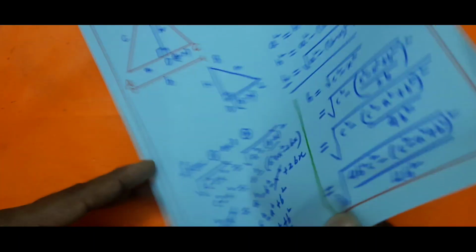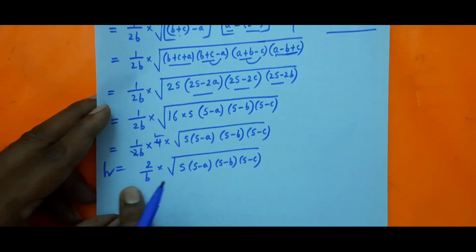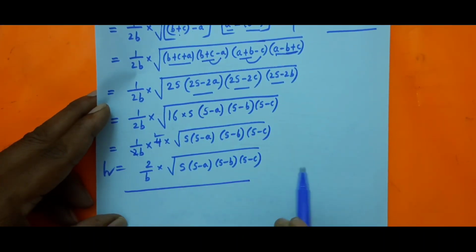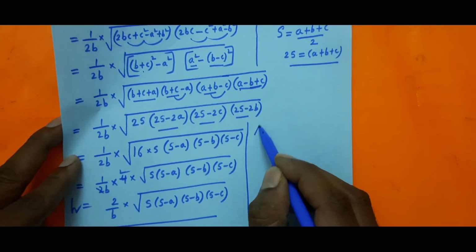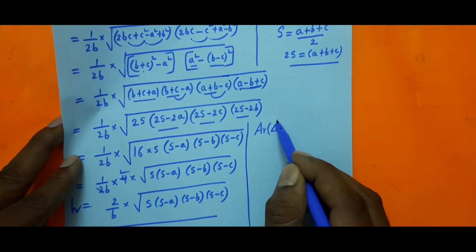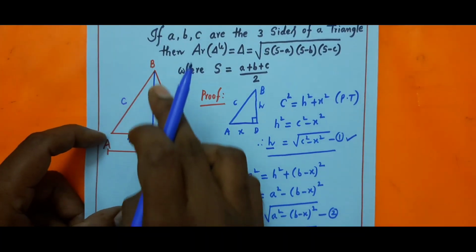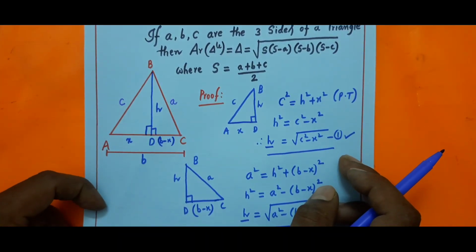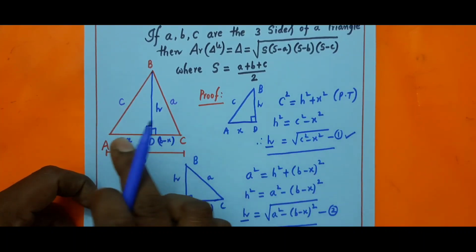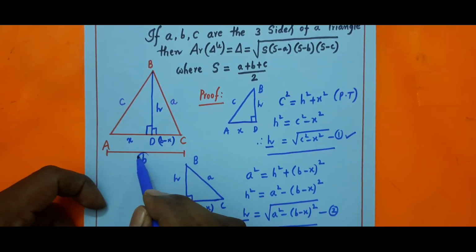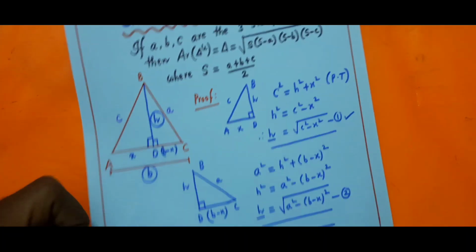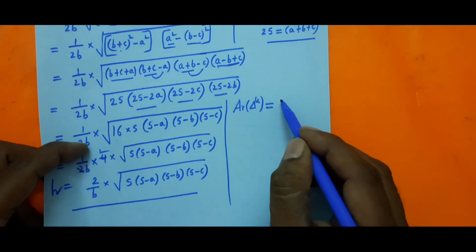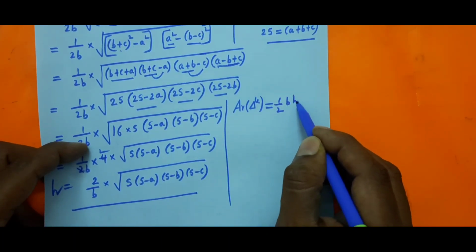For height, h is equal to what we got up to here. Now immediately I am going to find out the area of the triangle. See children, in this figure, for area of triangle, you use half BH, half base is nothing but B, height is nothing but H. So area of triangle is half BH.